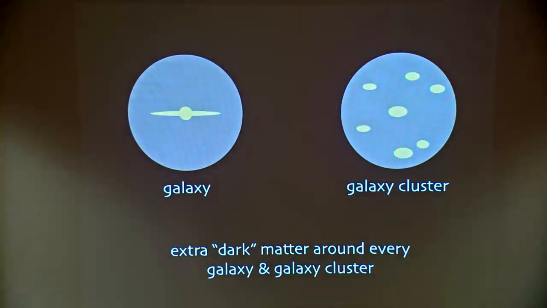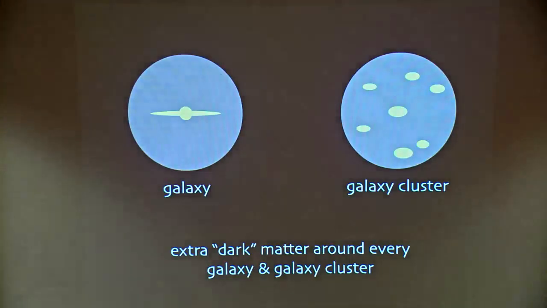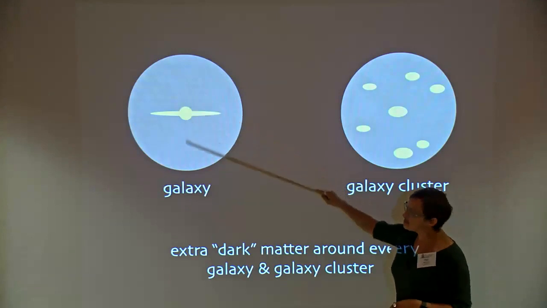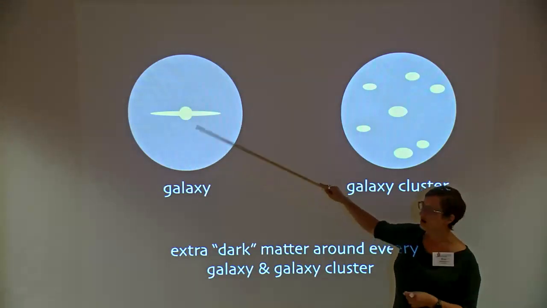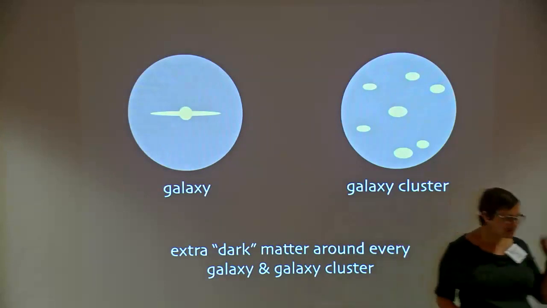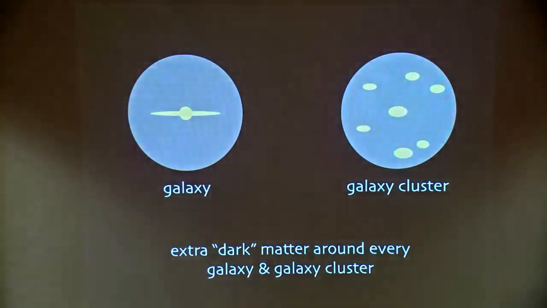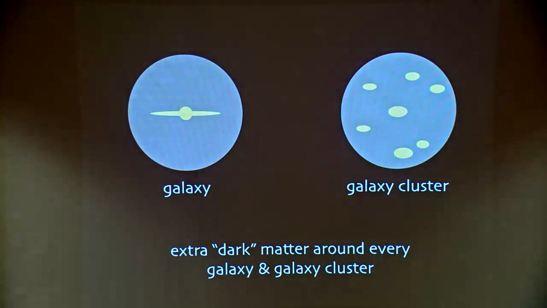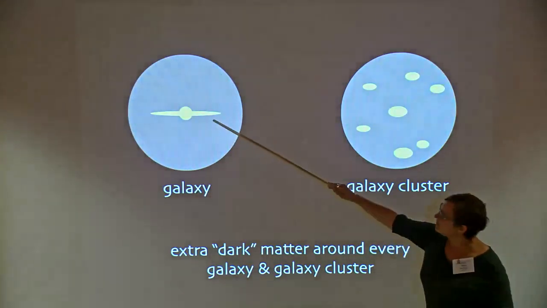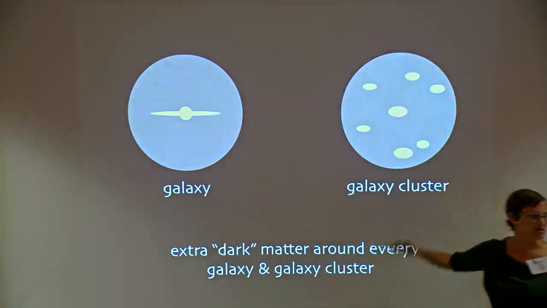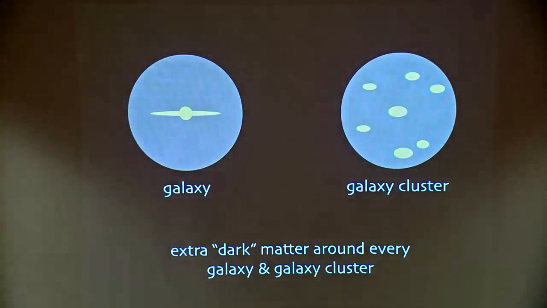They lose a little bit of energy when they run into each other. And because they lose a little bit of energy, they start moving slower. And so they actually sink to the center of these dark matter halos. That doesn't happen with the dark matter because they don't experience electromagnetism. You can think of it as they basically have no friction. So they hit each other, nothing happens. Gas particles hit each other, they cool down, they sink to the center, they start to make stars, and that's where we get galaxies.